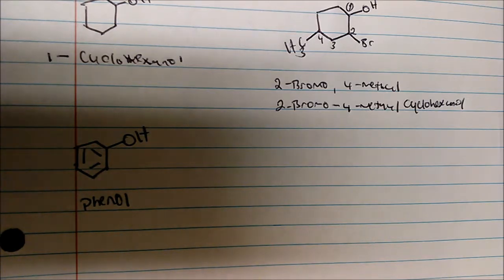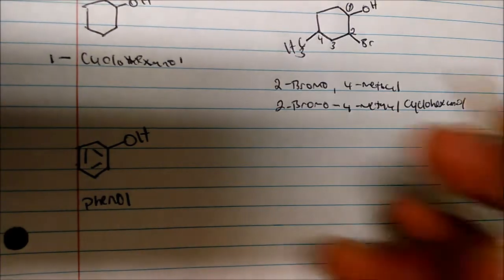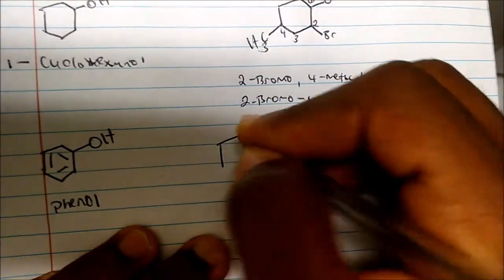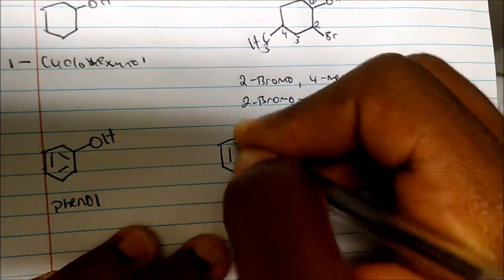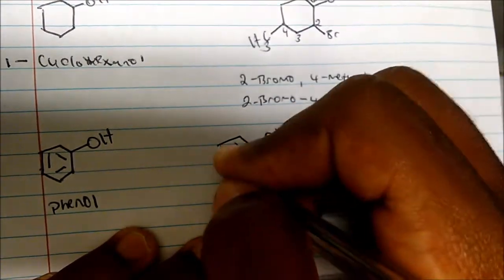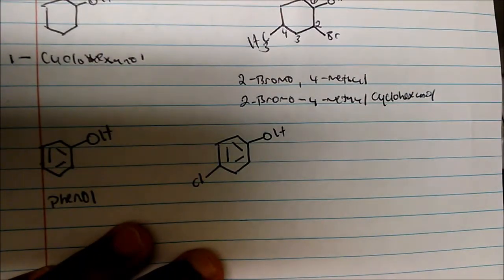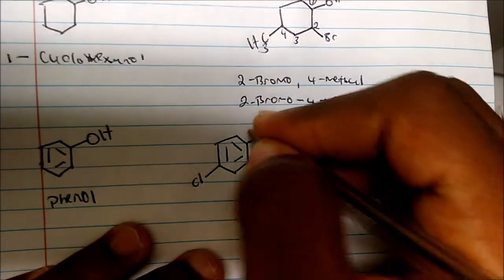Or phenyl, whatever works best for you, right? So how would we name this molecule? Well, again, remember with cyclic molecules, your OH always gets carbon number one. So this should be carbon number one.